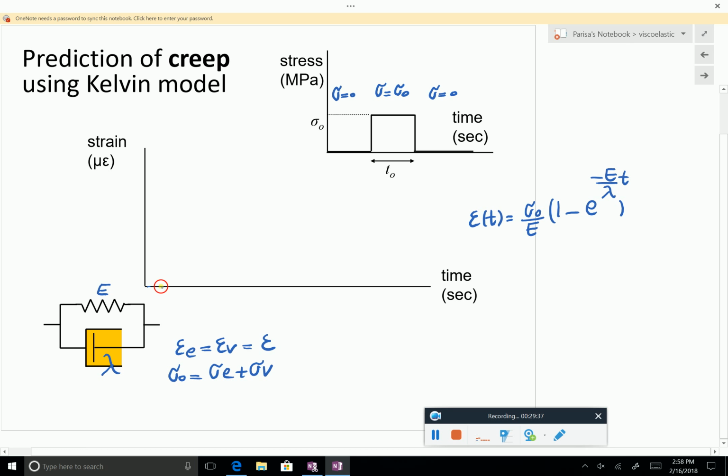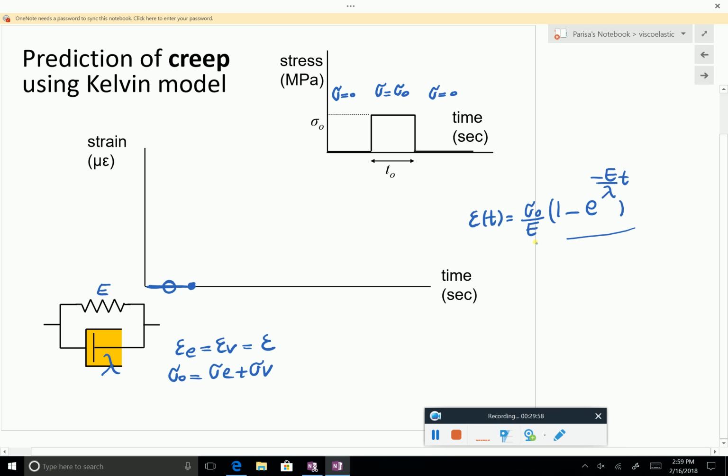So in the beginning, when there is no stress, the strain is 0, right? And then you start putting the stress, because there is no stress here, so the strain will be 0 in the very beginning. When you apply the stress, then this equation comes into play.